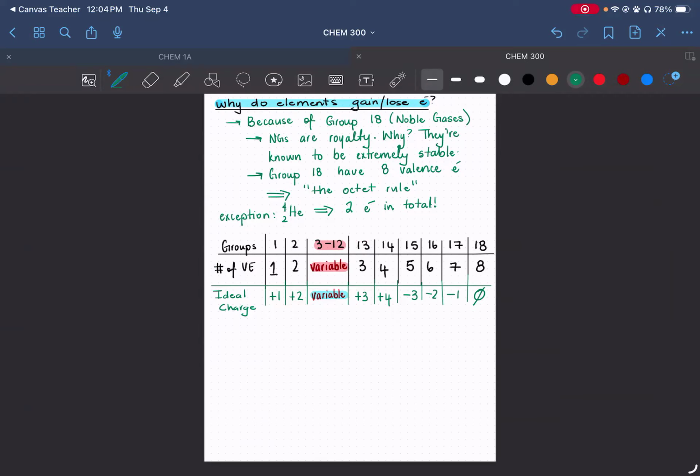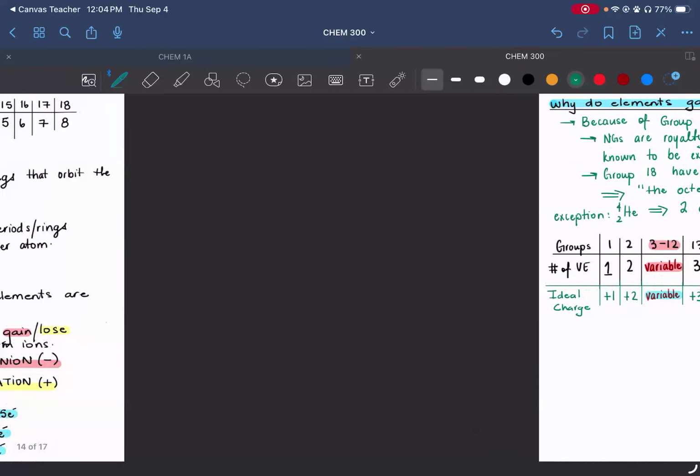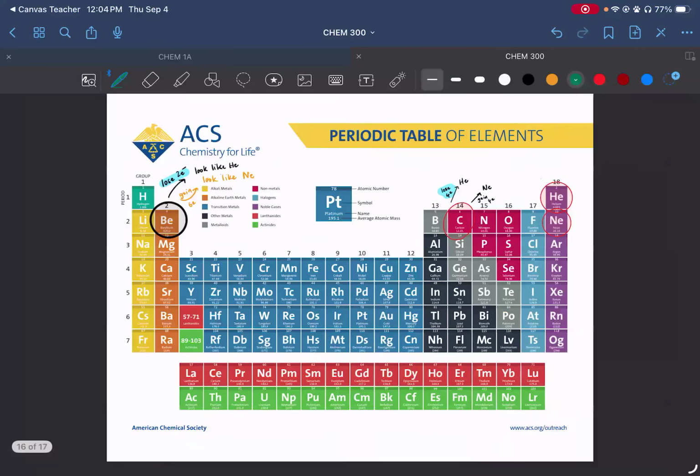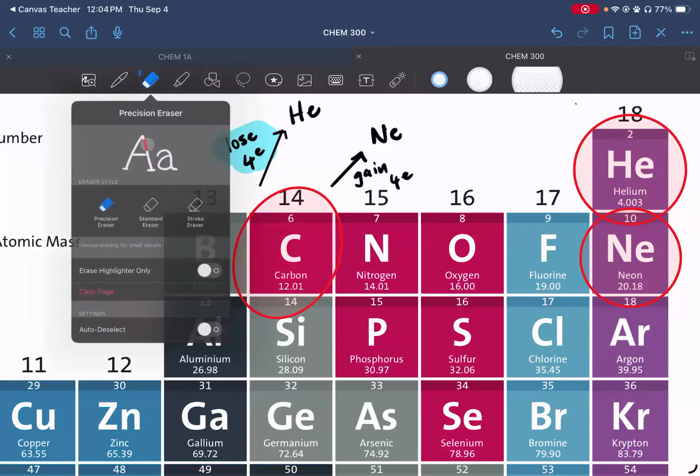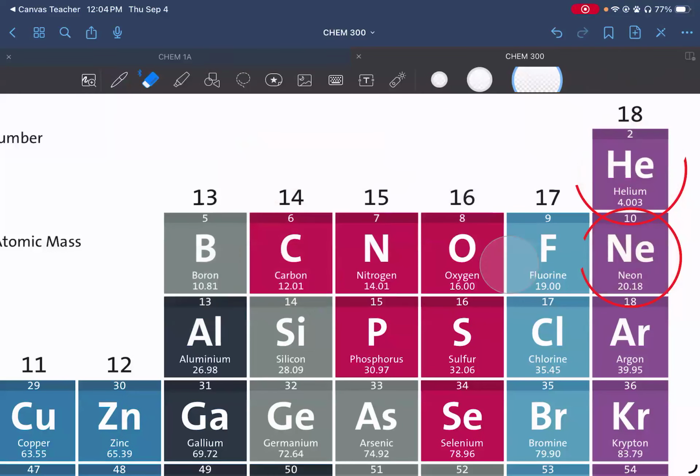Before we move on to our next topic of the day, does anyone have any questions? I see a hand, right? If we look at group 13, let me just erase this so it reduces some congestion.